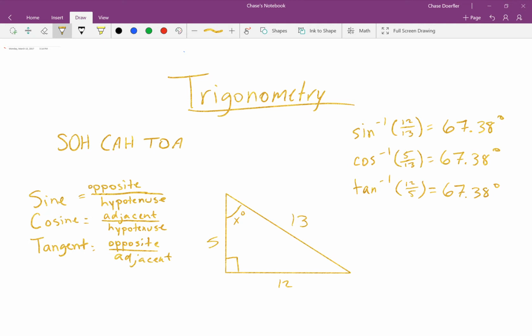And that is how the reverse functions for sine, cosine, and tangent work.